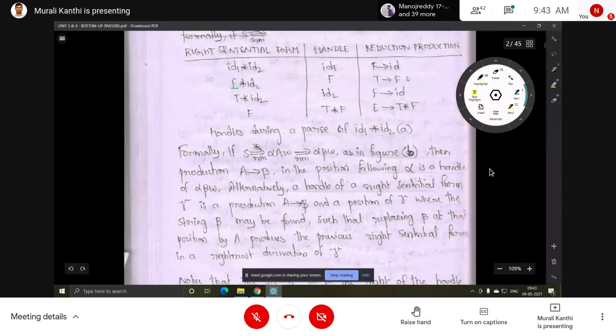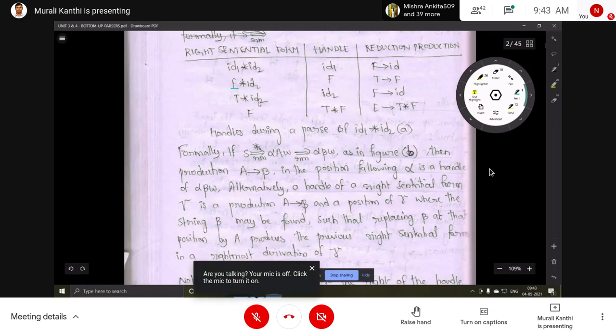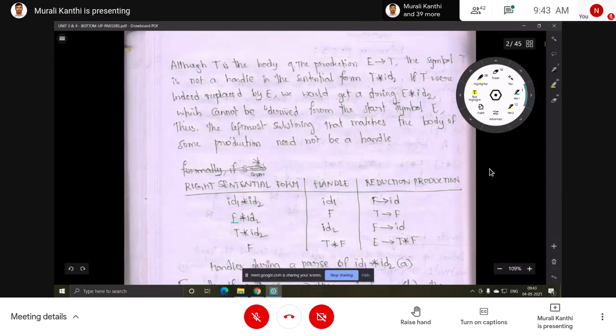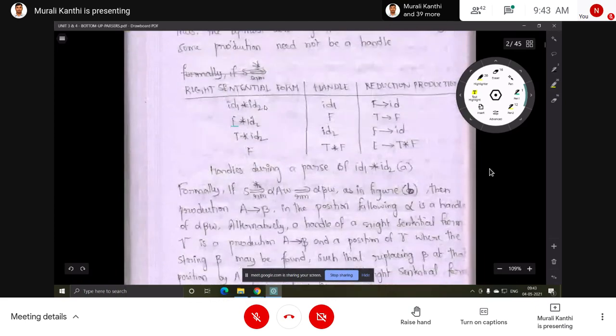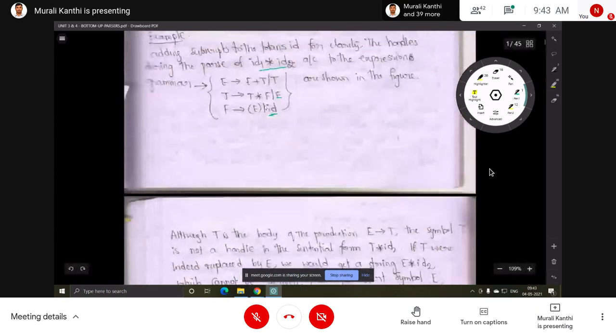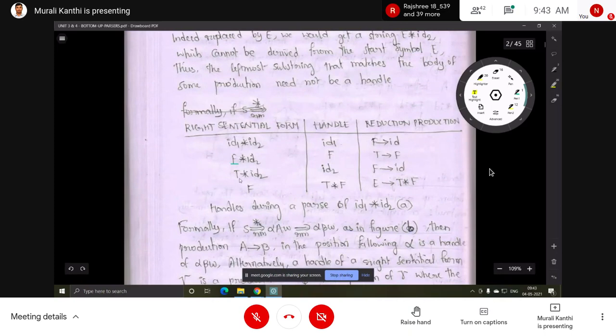So now after reducing F by T, we have T * id2. Next, to find out the handle, what is the handle? T * id2 we don't have that kind of production, but T is a handle, and in place of T we can write E. But E * id we don't have, so in further steps we cannot proceed.